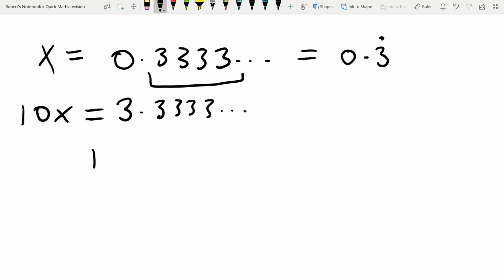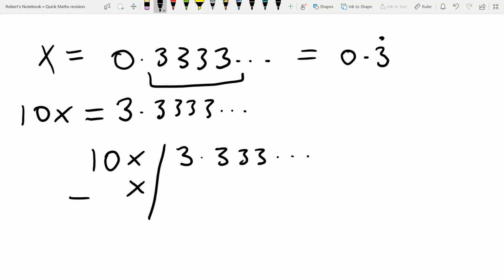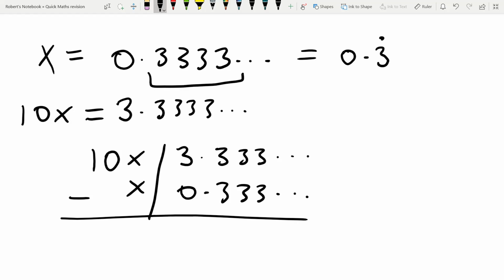So if we have 10x minus x, this is the same as 3.333 minus 0.333. And as I've said, all these infinite 3s cancel each other out. So on the left hand side we have 9x, and then on the right hand side we just have 3, because all those 3s disappear.